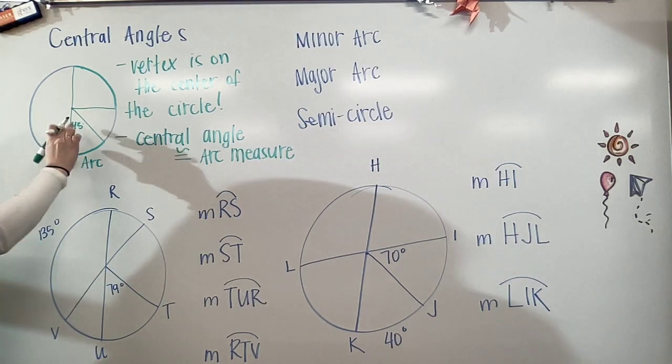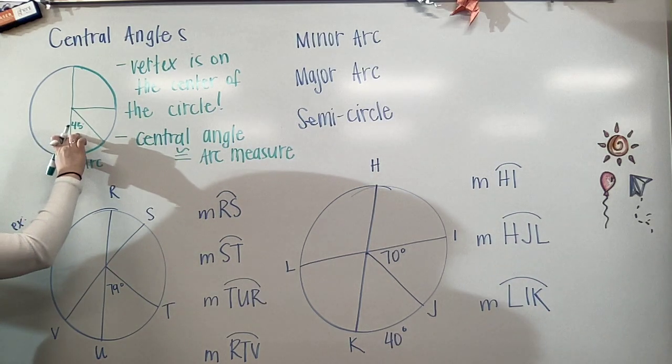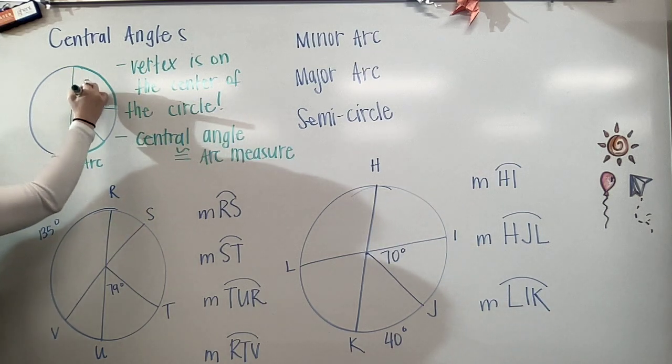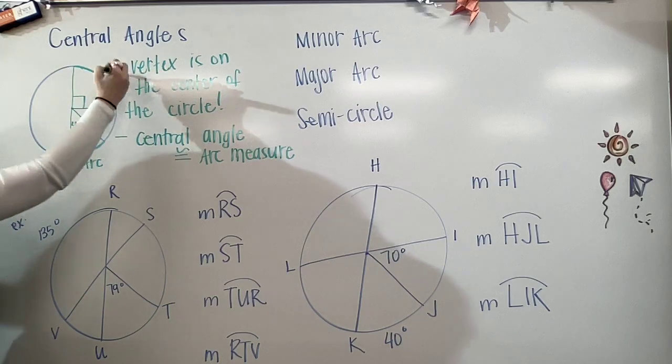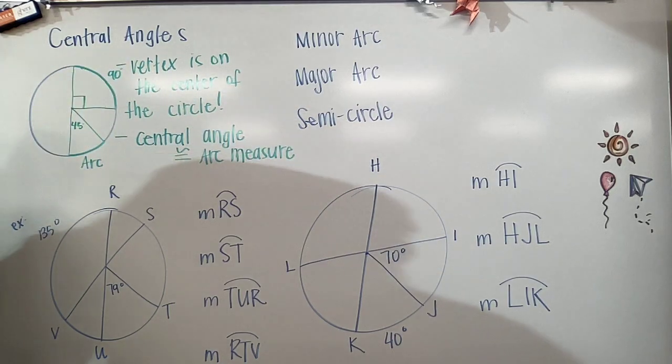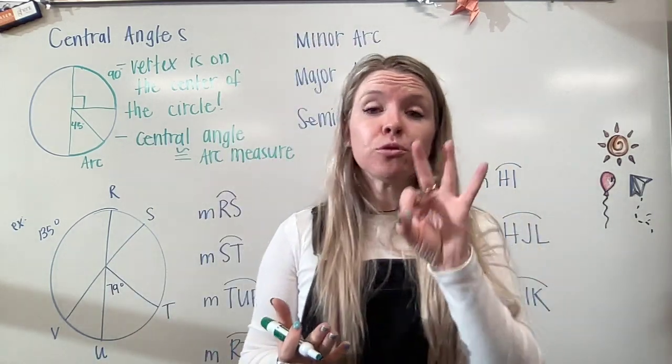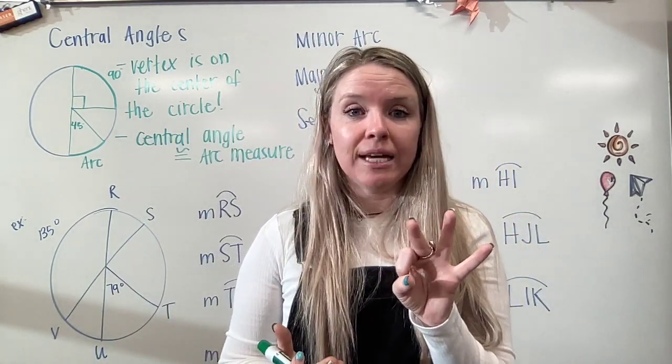So I was just telling you that this central angle is 45 degrees. That means that this arc measure is 45 degrees. This one is 90 degrees, so its arc measure is also 90 degrees. Pretty straightforward there.